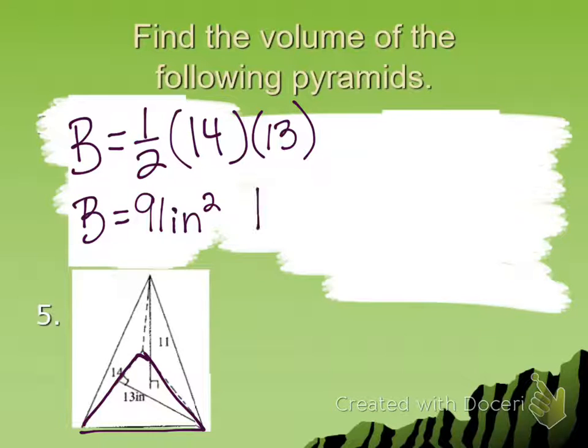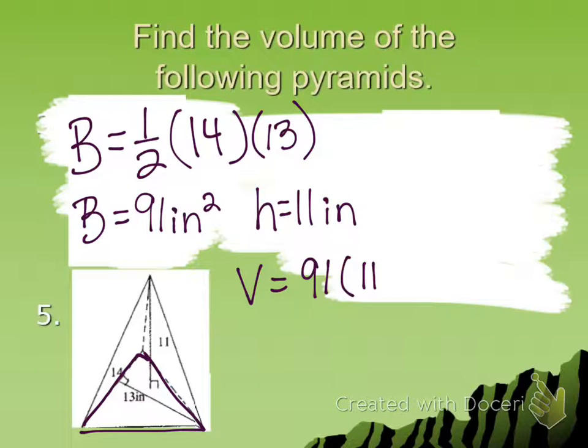The h that I need is the height of the overall pyramid. That's 11 inches. So to find my volume, I'm going to use those numbers. 91 times 11, the whole thing divided by 3. What do we get for 91 times 11?